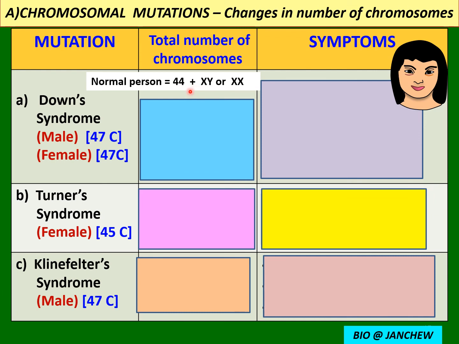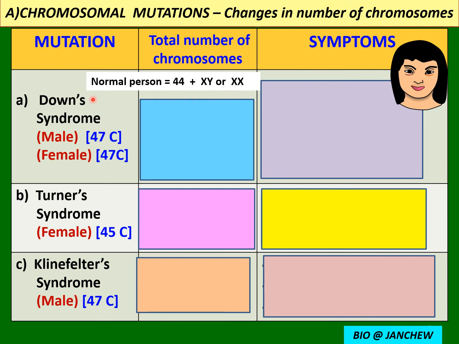Autosomes are chromosomes that do not determine the sex of the organism. So a normal person has 44 plus XY chromosomes for males, and for females, it is 44 plus XX.